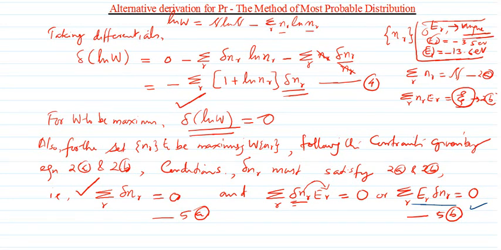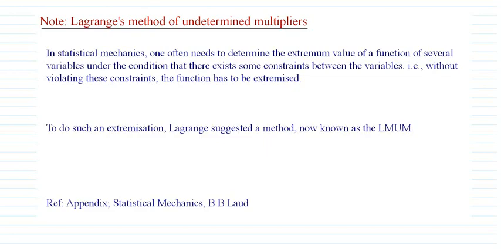So when do we use it? In statistical mechanics, one very often comes across determining extremum values. Extremum value means it can be either a maximum or a minimum. You are very clear about extremization principles in classical mechanics, like the least action principle. We have discussed a lot about that.